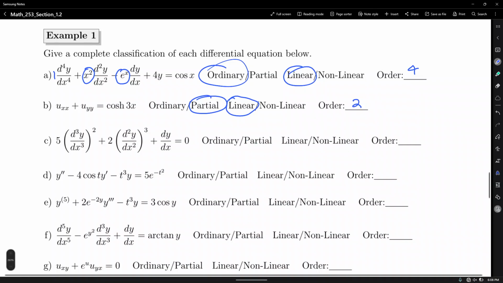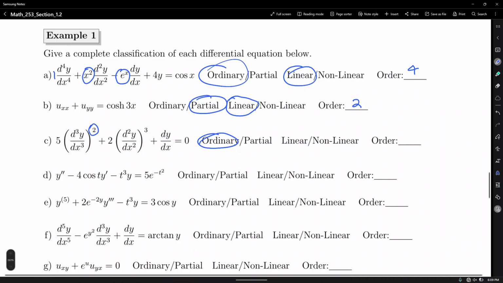What about letter C? What do you think about letter C? Ordinary or partial? Ordinary, okay. What about linear or non-linear? Do you see why it's non-linear? Because look, some of the derivative terms are raised to the second power, to the third power.